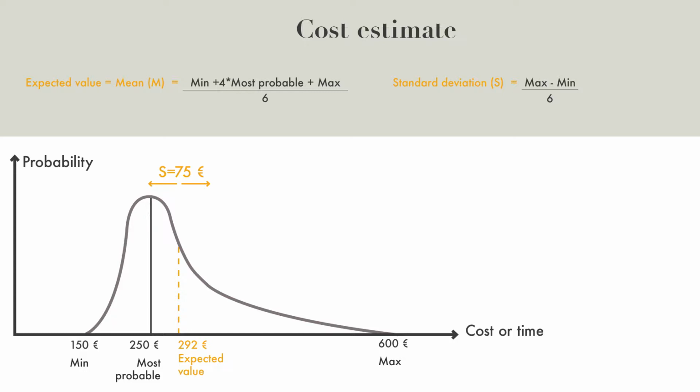Now, in this picture, we have calculated the expected value of this probability distribution and the standard deviation by using the formula shown in the picture. And what is this approximation of the mean value and the standard deviation based on? We have used the PERT method, program evaluation and review technique, which allows for using stochastic estimates, these 3 points that are assumed to be parameters of a beta distribution.